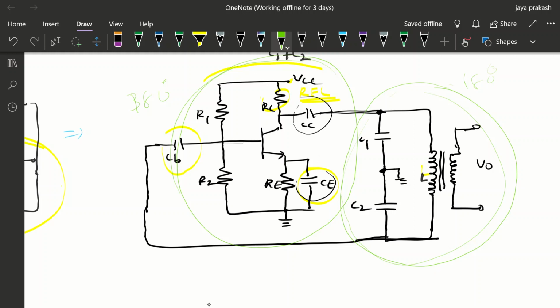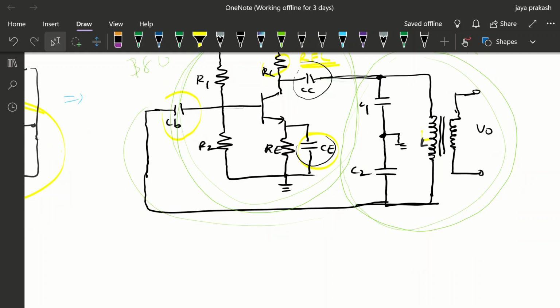We have not taken any external input; the feedback voltage acts as the input voltage. At the beginning, the amplifier amplifies the noise voltage and gives the output, which is fed back to the input through the feedback network. It will provide continuous oscillation. We will see what the frequency of oscillation is.